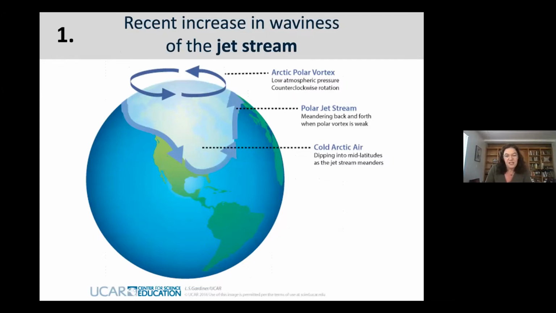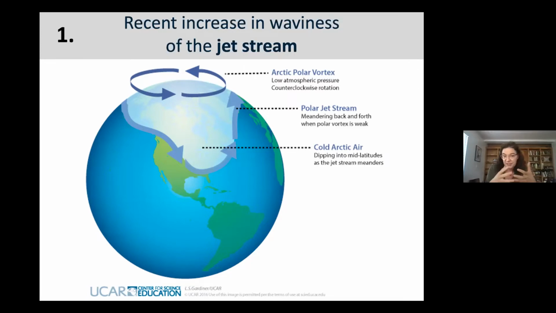There is one train of thought, one side of the debate, that talks about anthropogenic climate change and the Arctic amplification related to it creating a more wavy jet stream, so bigger waves in the jet stream as it moves around the Northern Hemisphere.